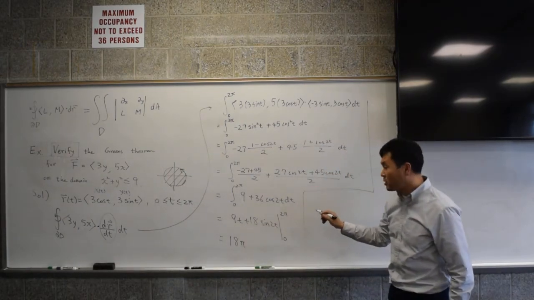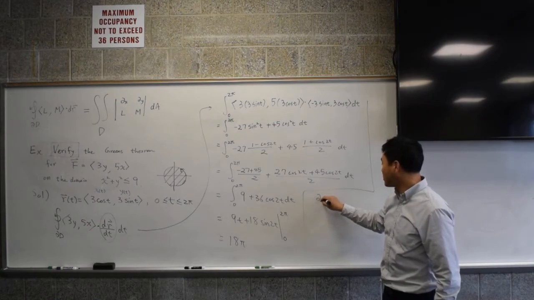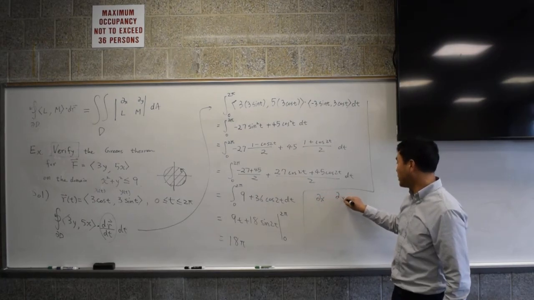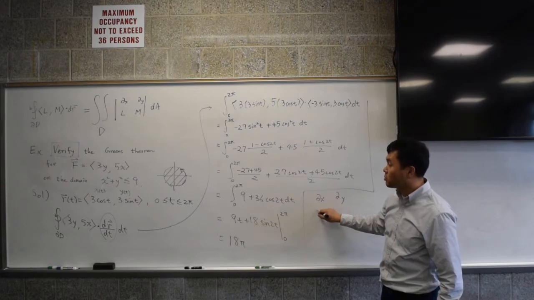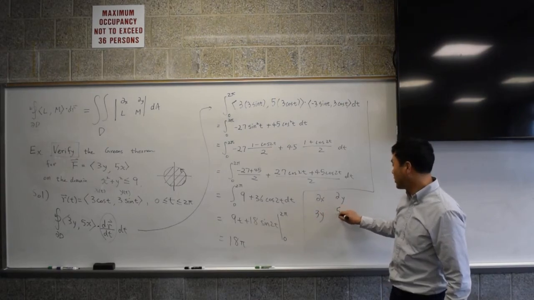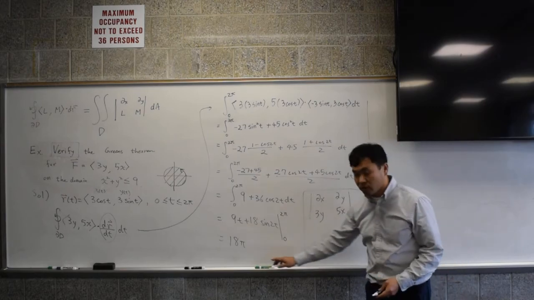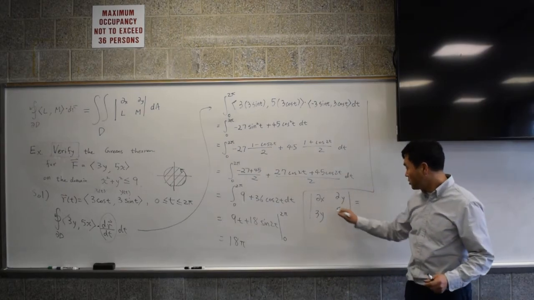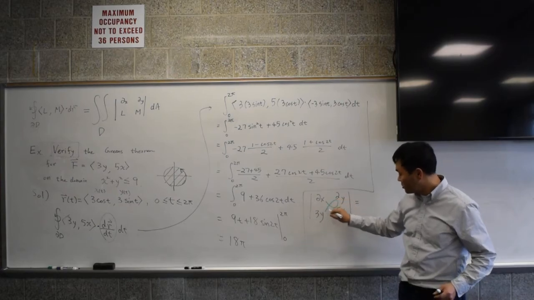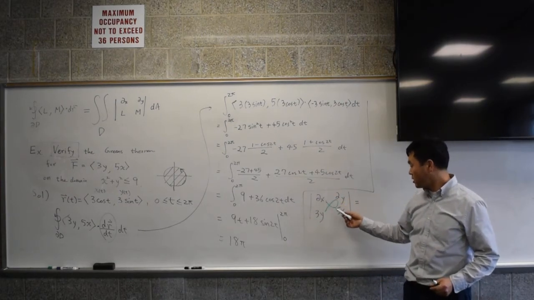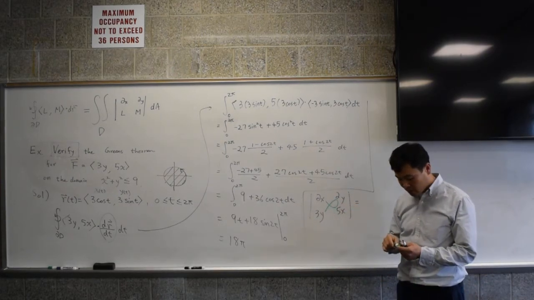Okay, first of all, what is partial x, partial y applied to 3y, 5x? Well, this is what we call a determinant, which is AD minus BC. So you do this times this minus this times that.